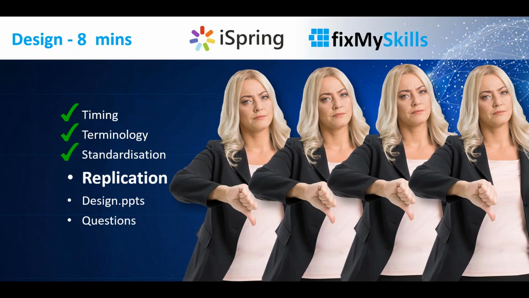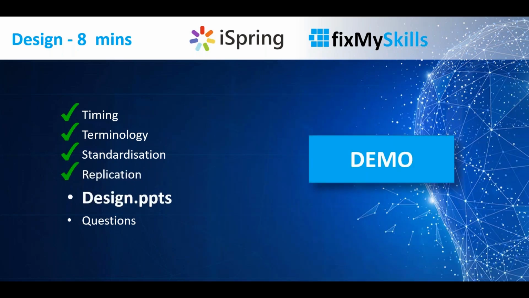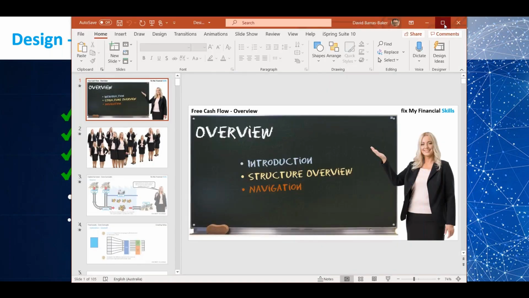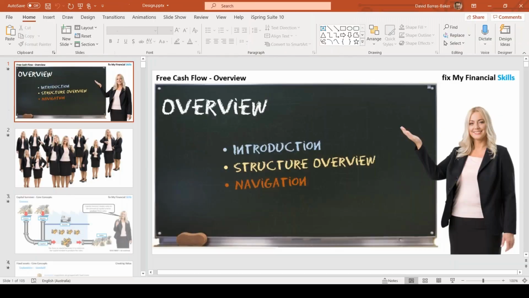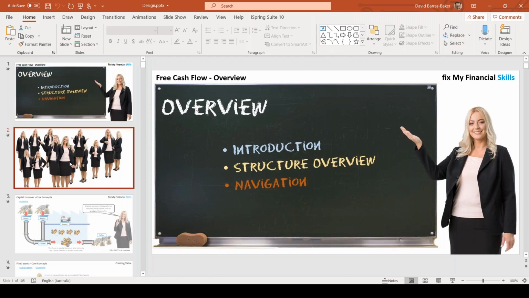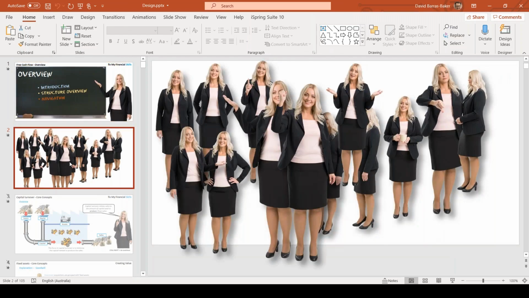Another thing that I did was I created a file called a design PowerPoint, because a lot of reusable elements are in there. And this is an example of what I did. So this lady is used extensively. So I like to put shadows on what I do.